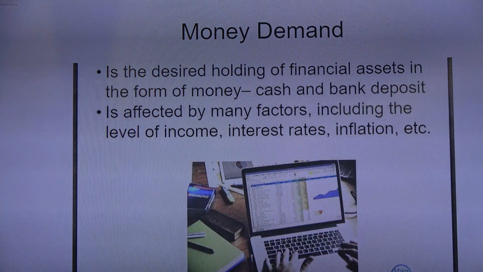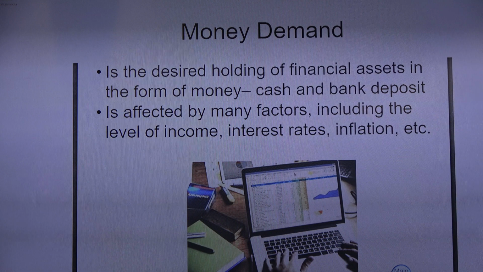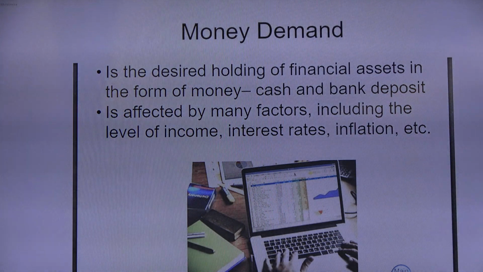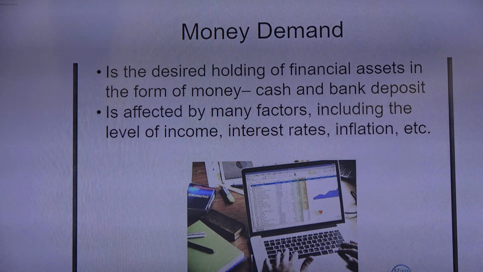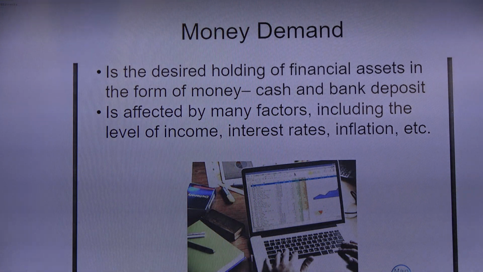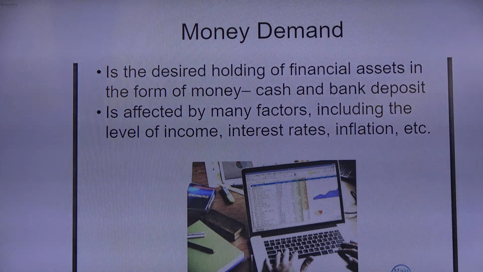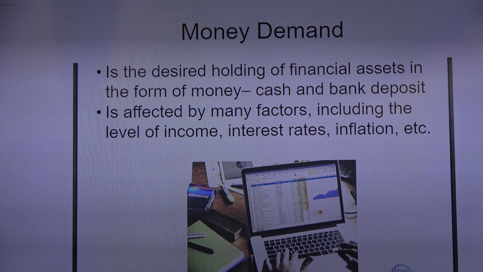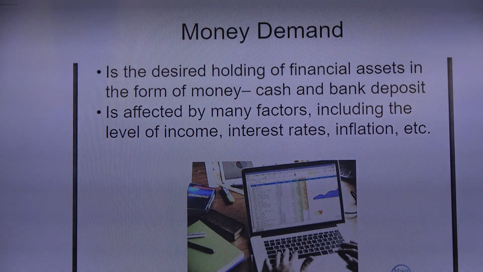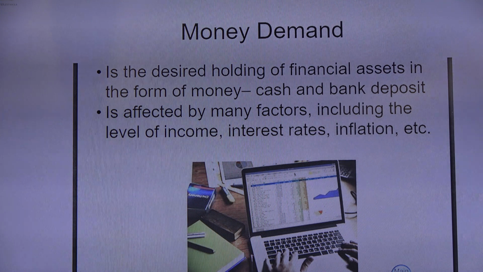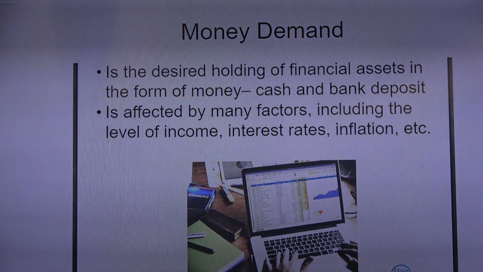So money demand is the opposite. It's the desired holding of financial assets in the form of money, cash, and bank deposits. So the money demand is affected by many factors, including the level of income, because the more money we make, the more money we have to spend. Interest rates, if interest rates are low, then it allows more people to go out and borrow money because they can afford to.